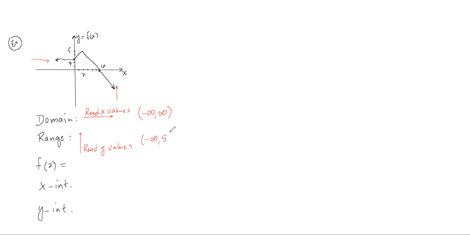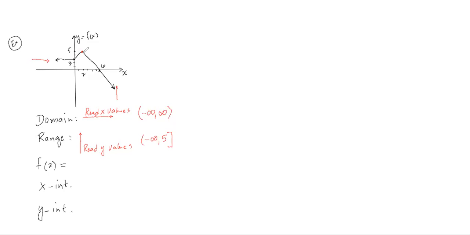Yeah, positive 5. And then the closed parenthesis, that should be a bracket, because it's a solid point, right? Yeah. And you don't need a union symbol in between them. That's it.